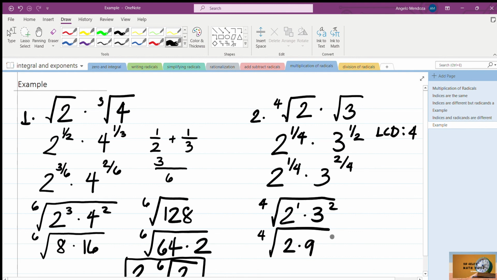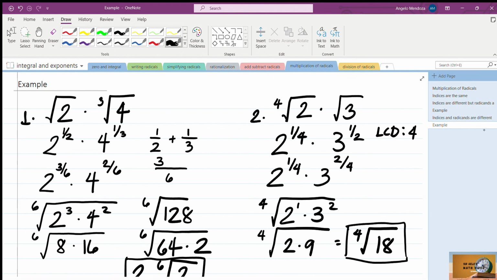So 2 times 9 will be equal to the 4th root of 18. There are no other factors of 18 that have a perfect 4th root, so this will serve as our final answer. Okay, so that is how we multiply radicals whose indices and radicands are different.